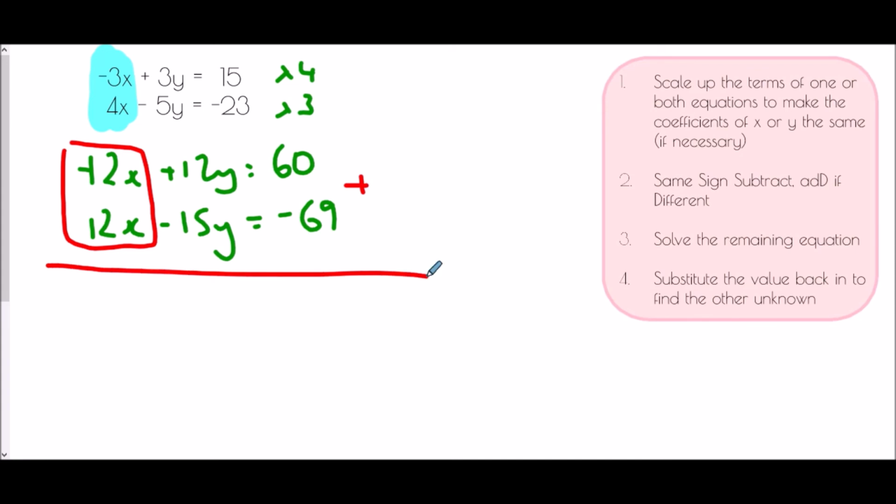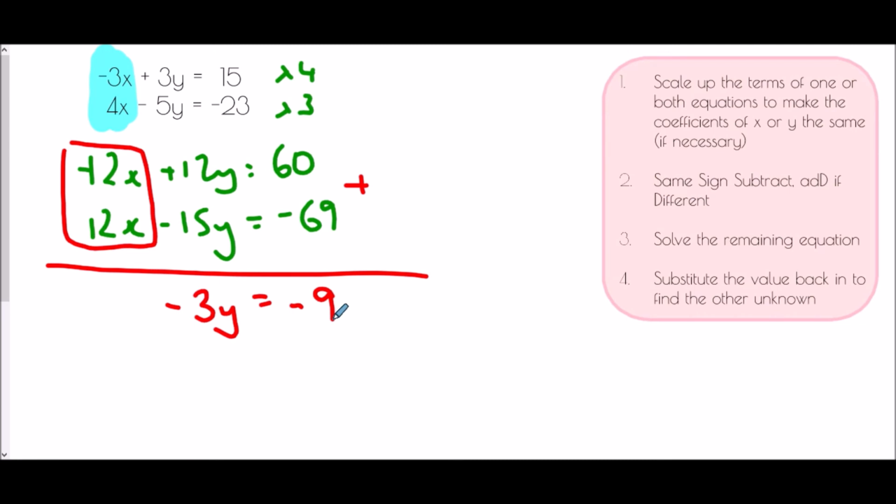So negative 12x plus 12x, they are eliminated. 12y plus negative 15y. We've got to be very careful there. That is adding in negative 15y. So we're actually at negative 3y. And 60 plus negative 69. Again, that is adding a negative number. And so that is negative 9.